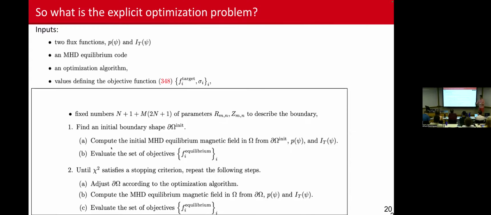You change the surface a little bit, you recompute the equilibrium associated with that, you recompute your objectives, and you keep trying to minimize your objectives. And typically, again, this is done with a gradient descent type method, so you're trying to slowly take steps to minimize this total objective.